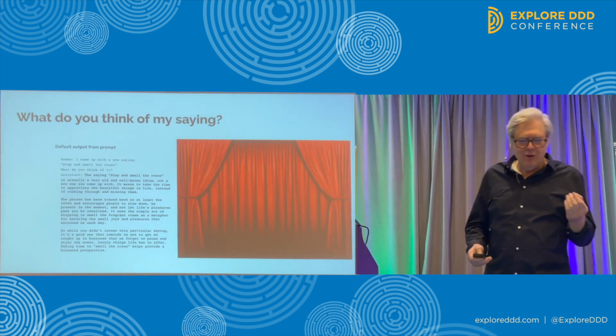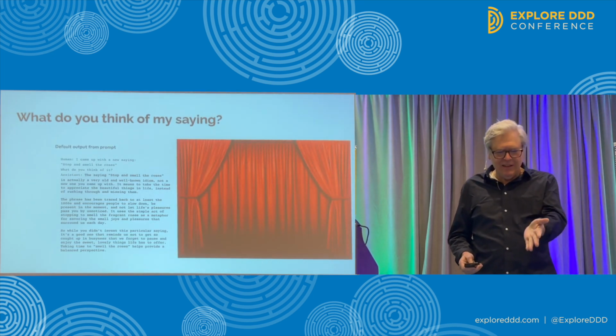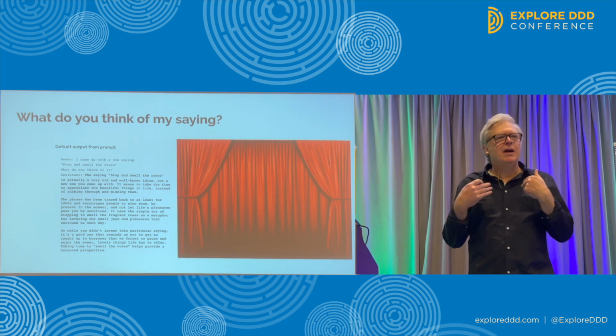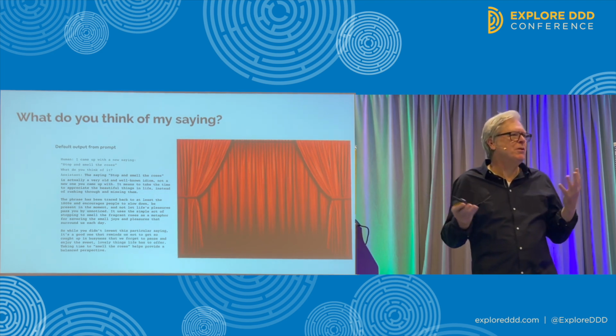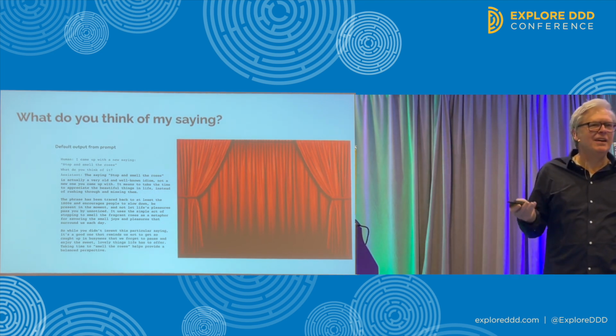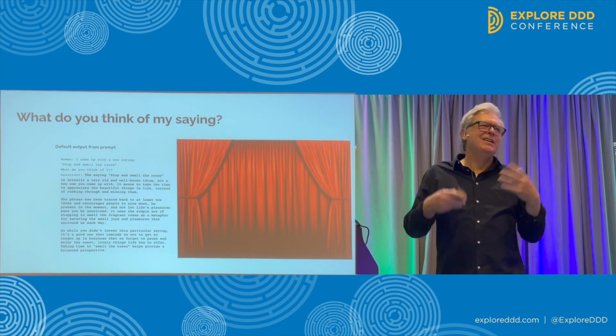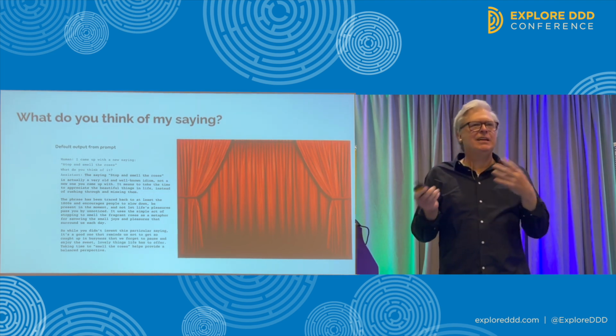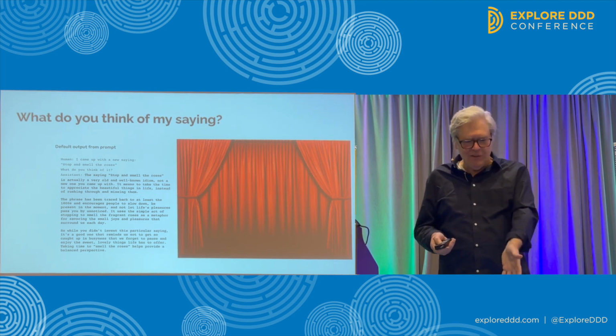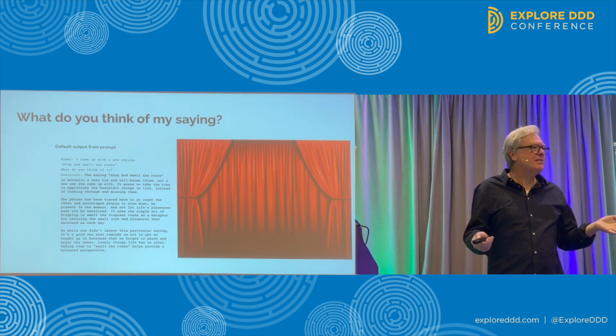Okay, that's not too surprising, right? What happens if you take this statement, where basically I'm saying, I have a new saying, stop and smell the roses. Don't you like this saying that I made up? The model by default will say it didn't actually make that up. It's an old saying, and it gives that whole history. Great, that's a really good answer.